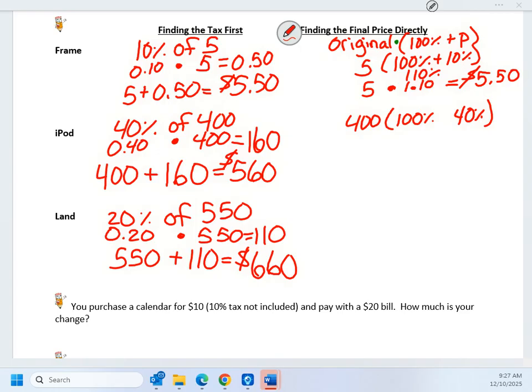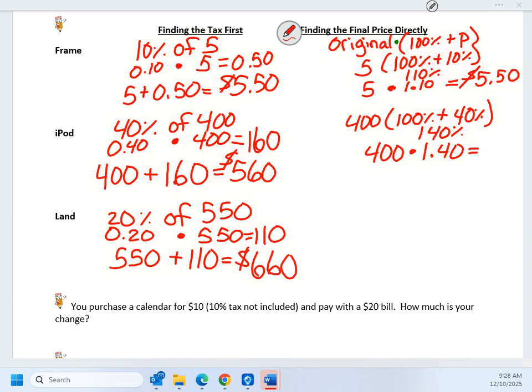What do I do with that 100% and 40%? Add. So, first I do inside the parentheses, so that's 140%, which I know becomes 1.40. That 400 right outside of the parentheses means I multiply. What is 400 times 1.40?